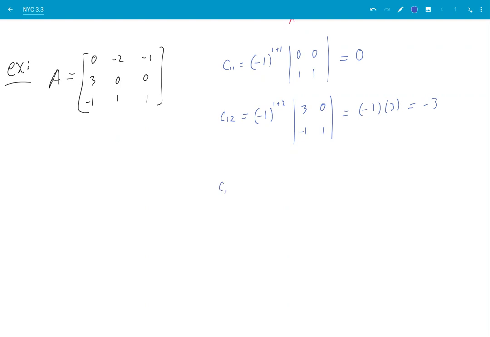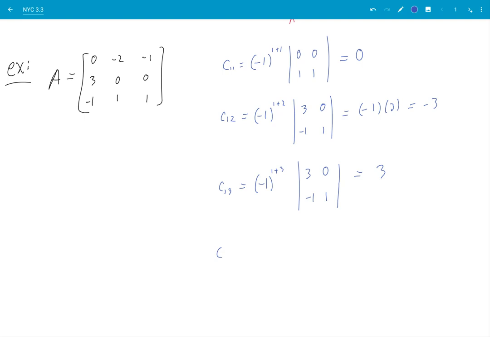And I continue in this way. C13 is negative 1 to the 1 plus 3. First row, third column. 3, 0, negative 1, 1. So that's going to be plus 3, right? Okay, so with practice, you can do this basically mentally.